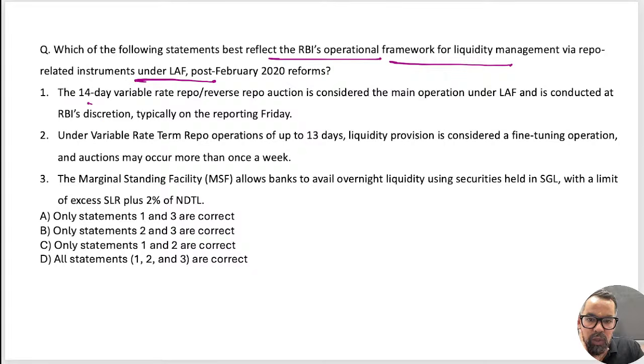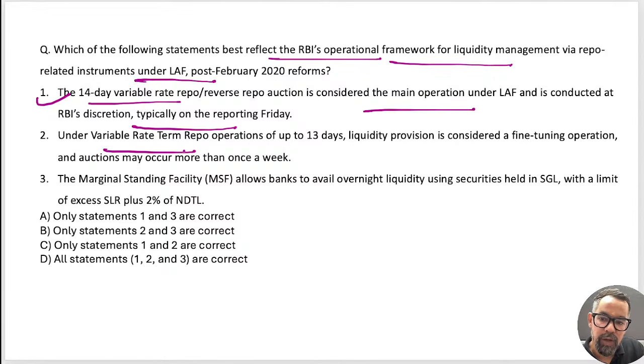The 14-day variable rate reverse repo auction is considered the main operation under the LAF, conducted at RBI's discretion, typically on the reporting Friday.